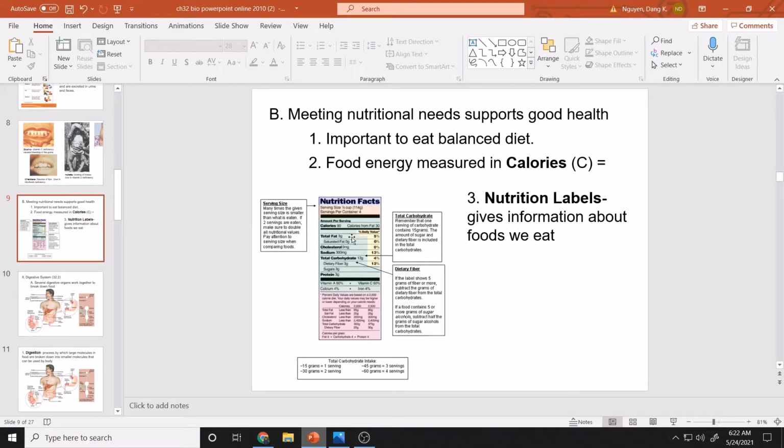gram. And this makes sense because if you think back to ancient times, your ancestors, they're hardwired, and you're hardwired to desire foods that are rich in fat and oil content because it actually provides more energy.